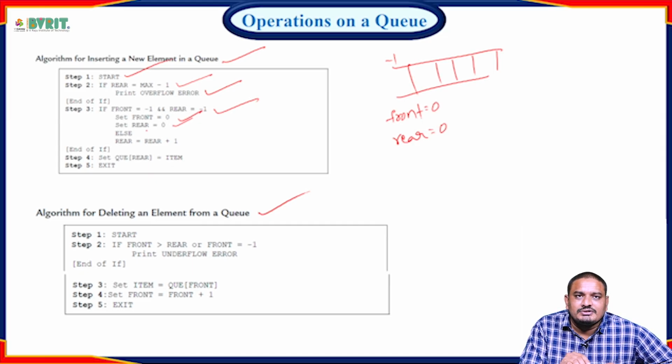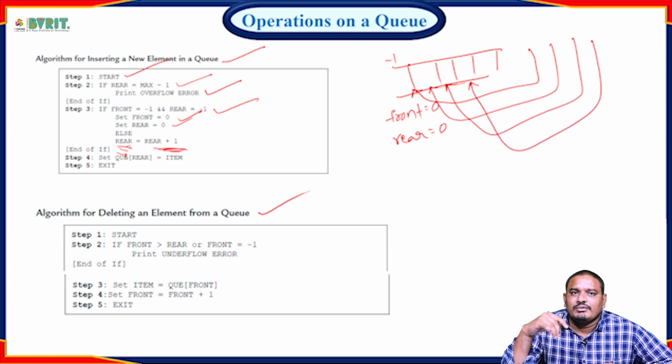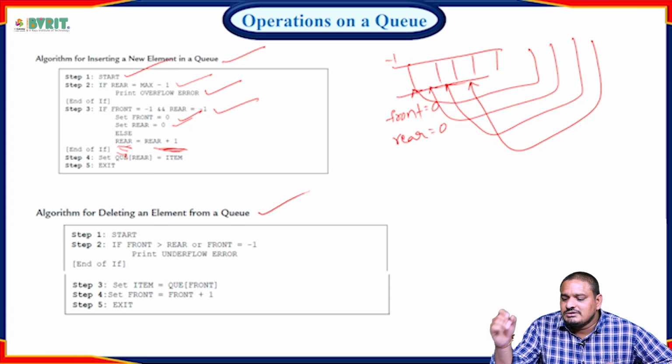The positions will be changed. Whenever we insert an element by using the rear operation, it is incremented by 1. That means we insert an element here, then the next one here, and so on. That is, rear equals rear plus 1.